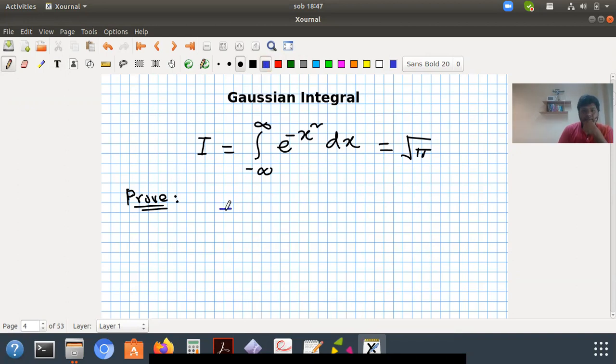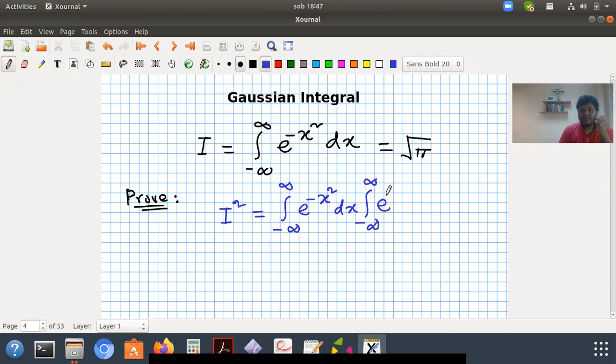So now I can define I square. We want to prove this identity. First write this integral, and I multiply it with another, so I have to use another variable.